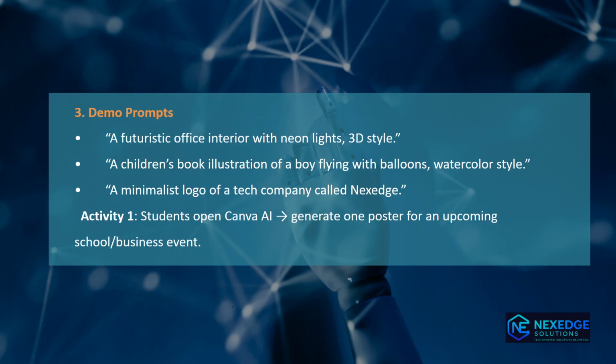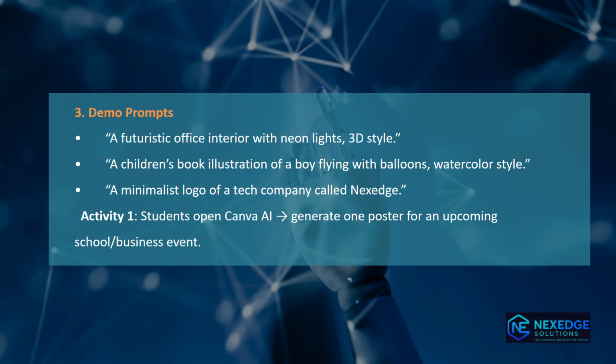So going forward, let's take a look at these demo prompts. Open your ChatGPT or any AI that you use. Now type in this prompt: a futuristic office interior with neon lights, 3D style. After typing that, let's check the results.